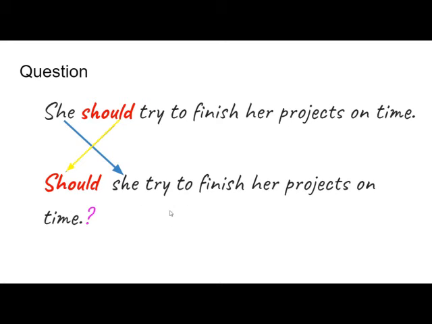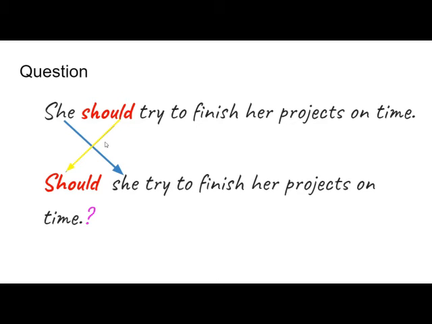Now, in question, you have to change the subject in the first part and the modal. Okay, sorry. You have to change the subject in the second part and you have to change the modal, in this case should, in the first part. Por ejemplo, la afirmativa le dice, she should try to finish her project on time.